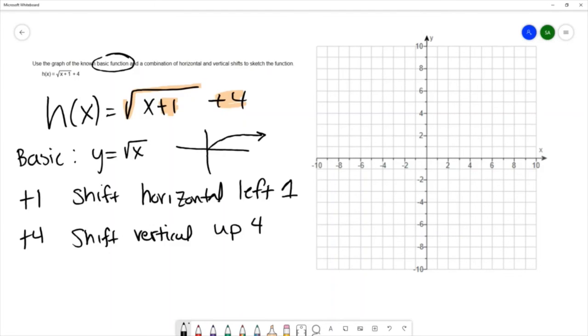So now I'm ready to graph my function using these transformations. I would start off with my basic graph, that half of a sideways parabola. Then I'm going to do the horizontal shift first, and then the vertical shift. So my horizontal shift will move to the left 1 unit, and then my vertical shift will move up 4 units.